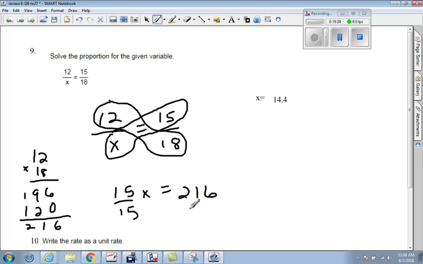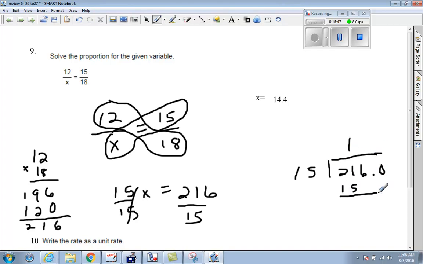Divide both sides by 15. And whatever 216 divided by 15 is, you might have to go off on the side and figure out what that is in the margin somewhere. So 15 goes into 21 once. 15 then goes into 66 about 4 times.